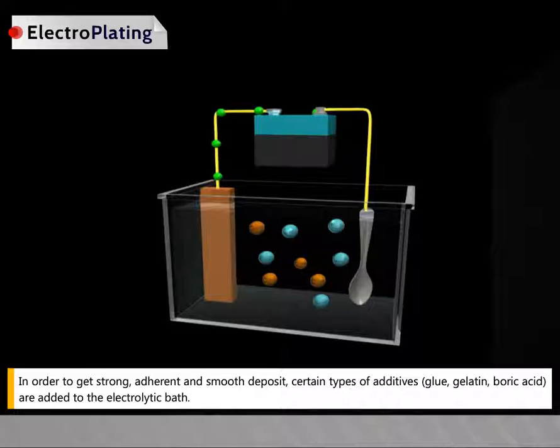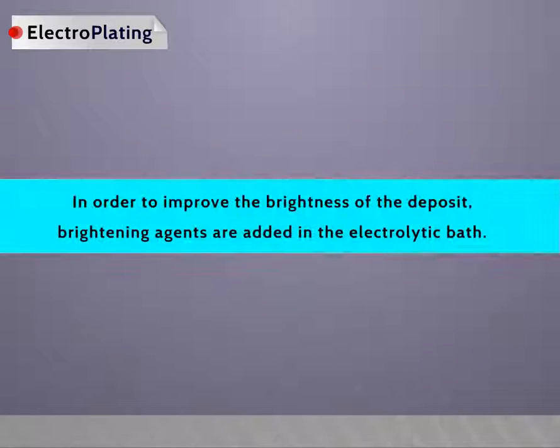In order to get a strong, adherent and smooth deposit, certain additives, that is glue, gelatin, boric acid, are added to the electrolytic bath. In order to improve the brightness of the deposit, brightening agents are added in the electrolytic bath.